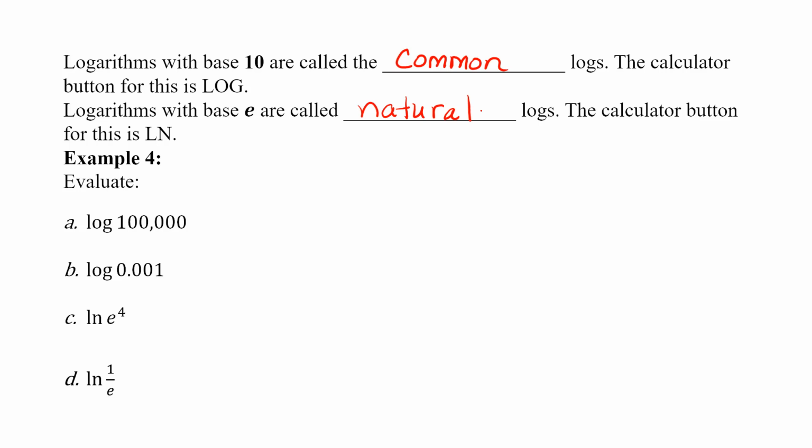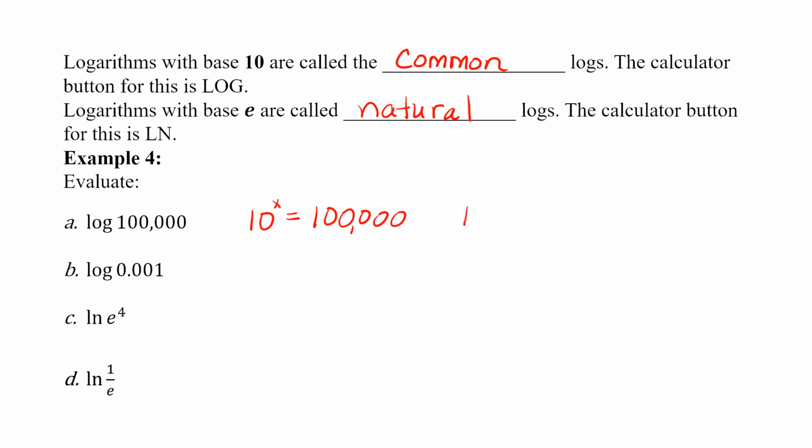All right, so we're going to evaluate these logarithms here without using a calculator. Log with no base on it means log base 10. So for this, we're trying to find out 10 as the base to what power will give you 100,000.